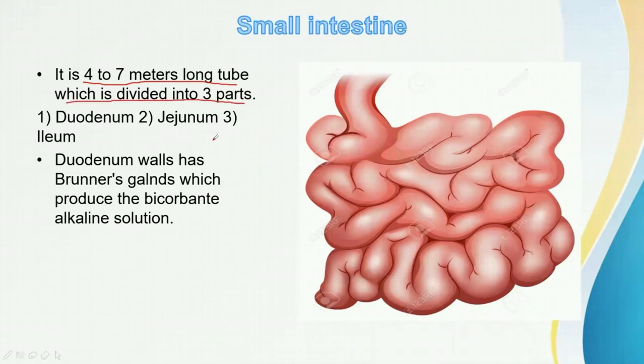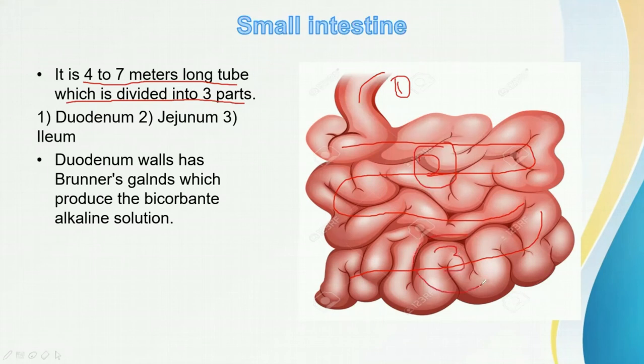One is this curved part we call the duodenum, the second part we call the jejunum, and the third part we call the ileum.